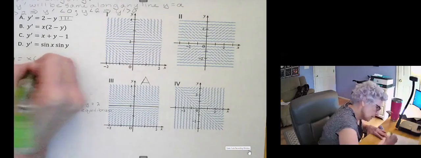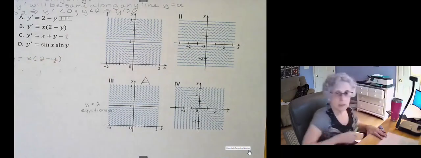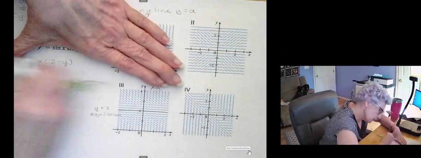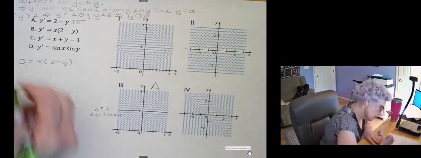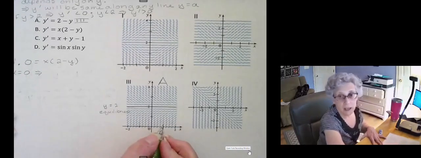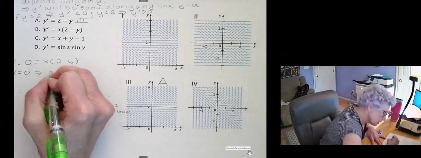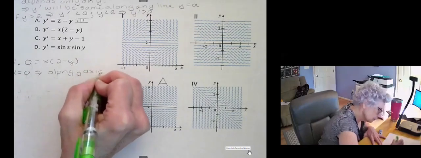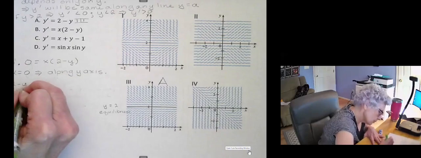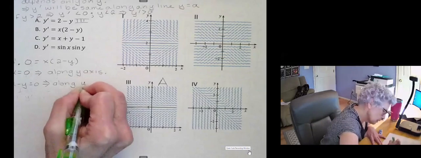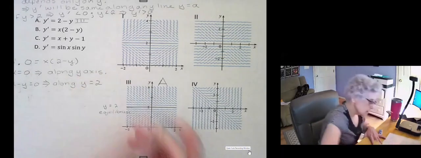So let's do a similar thing and figure out which one represents B. Let's look at 0 equals x times 2 minus y, and we'll figure out where its flat lines are. So x equals 0, which means it has flat lines all along the y-axis. And 2 minus y equals 0, which means along the line y equals 2.